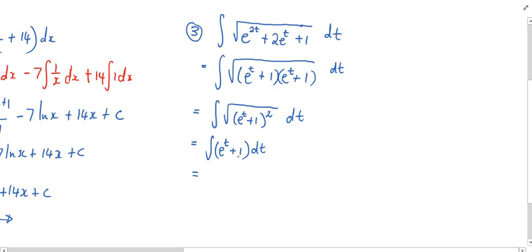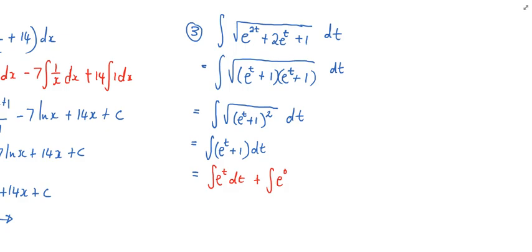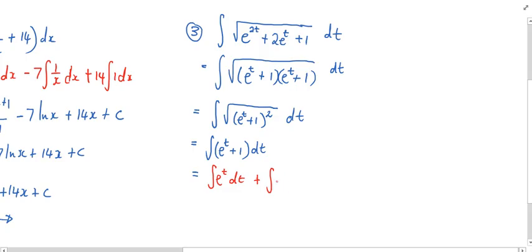remembering that this constant 1, let me just use a red pen, this is the integral of e to the power of t dt plus the integral of 1 dt.